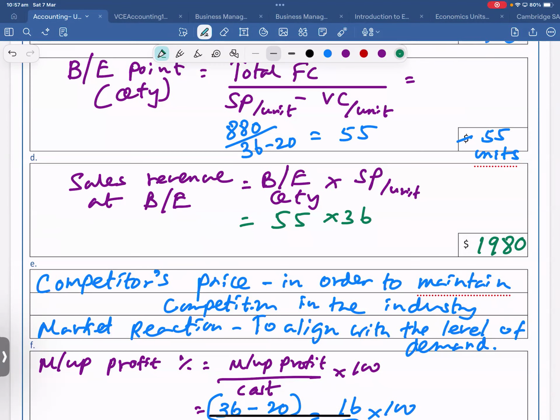And then his wages increased by 5%. Okay, so his total fixed cost is 1005. And then his selling price we'll say the same.